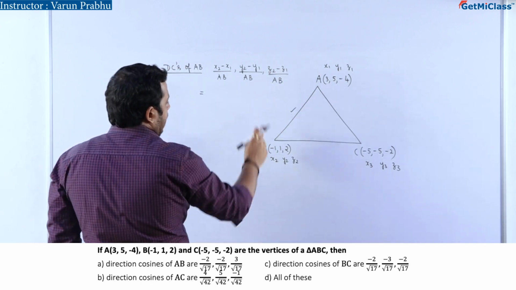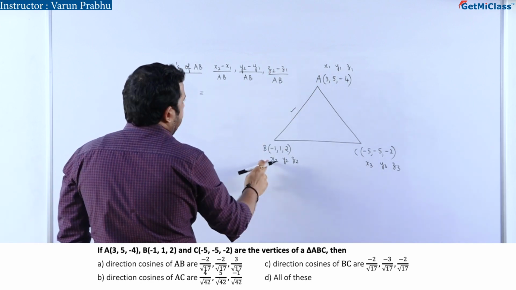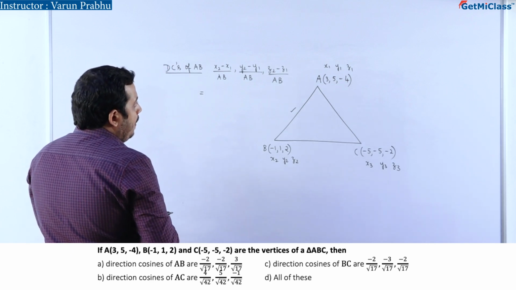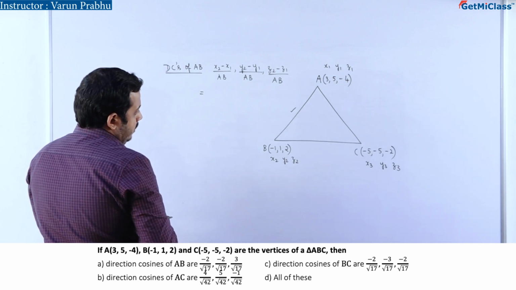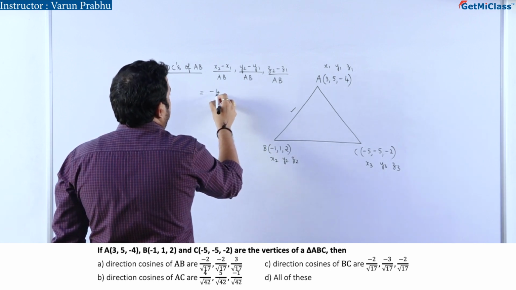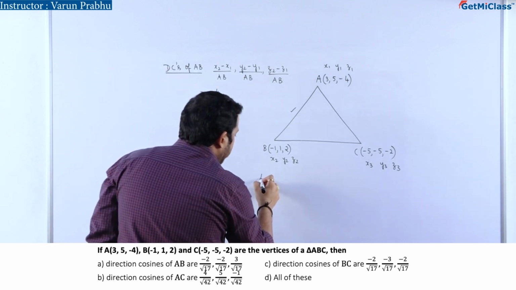Can you tell me what x2 minus x1 will be? Minus 1 minus 3 will be minus 4, divided by the value of AB.